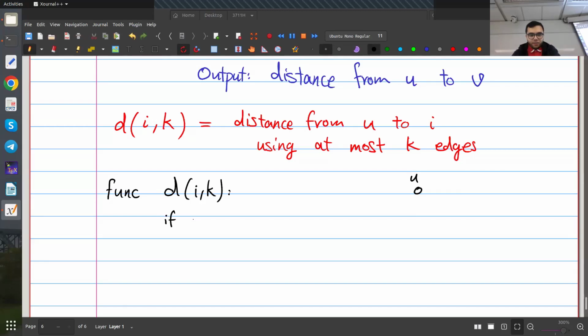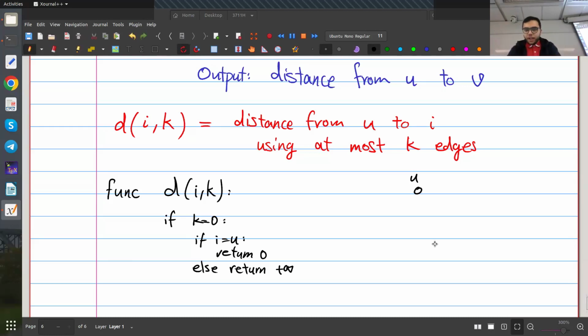So if k is 0, then it's very simple. If I is U, return 0. Otherwise, return plus infinity. Okay, and I use plus infinity to say that I cannot reach.